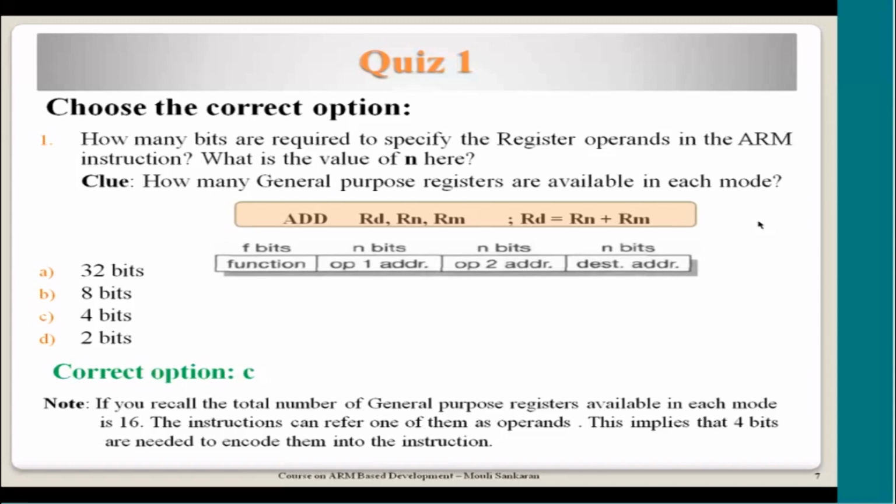So it happens to be 16. So 4 bits are sufficient to encode which of the registers is used for each of the operands and the destination register. So this has to be a 4-bit value.